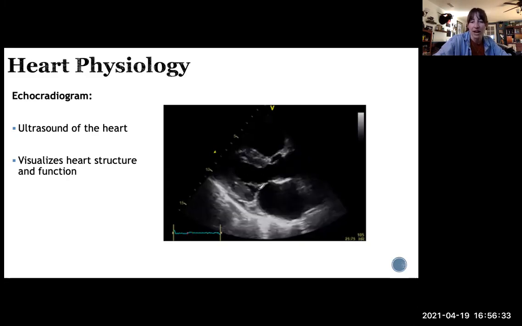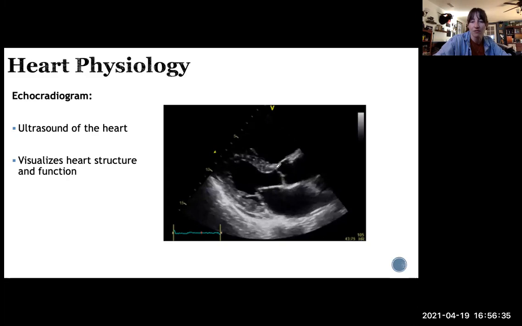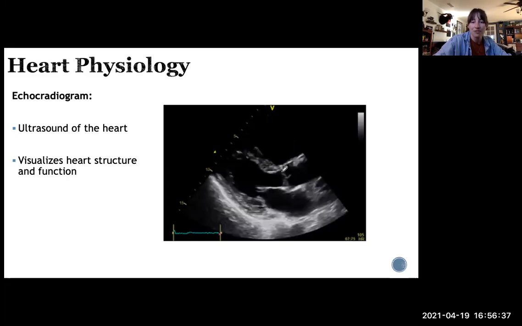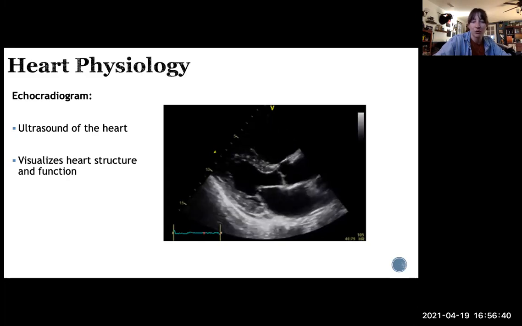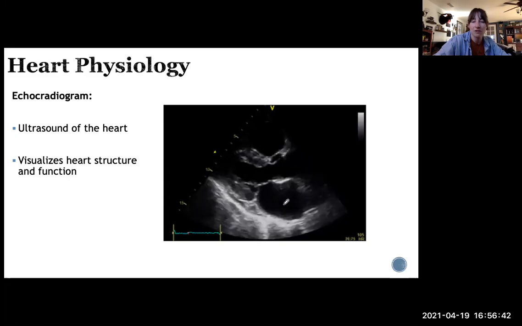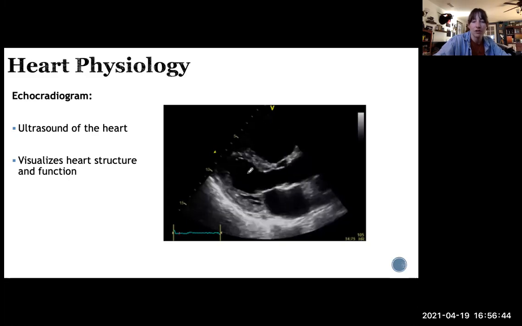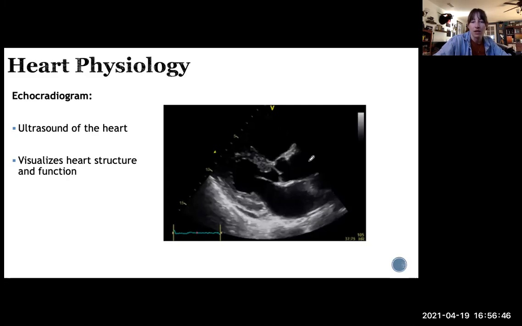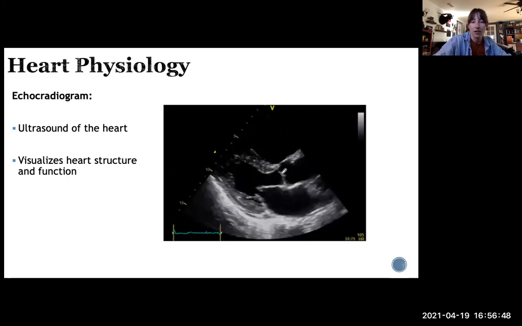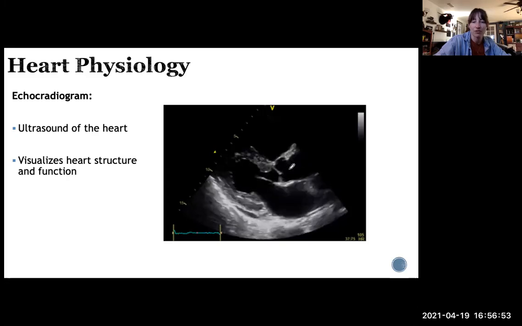So this is actually a valve opening and closing, and this is a valve opening and closing right here, which is really, really, really cool. I would say this is maybe the left atrium into the left ventricle, going up the aortic arch through the aortic valve. Right, so that's your mitral valve and your aortic valve.